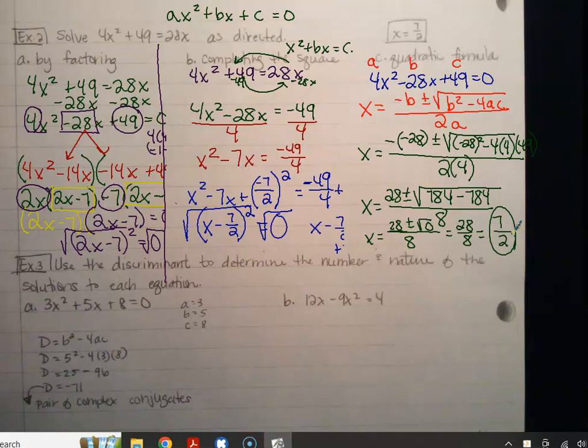Now, example 3, we're going to look at this discriminant idea, which if we look at for a second right here, when we got to this point with our discriminant, 784 minus 784, that's what we just talked about on the front. If your discriminant, or no, I'm sorry, did we talk about that yesterday?